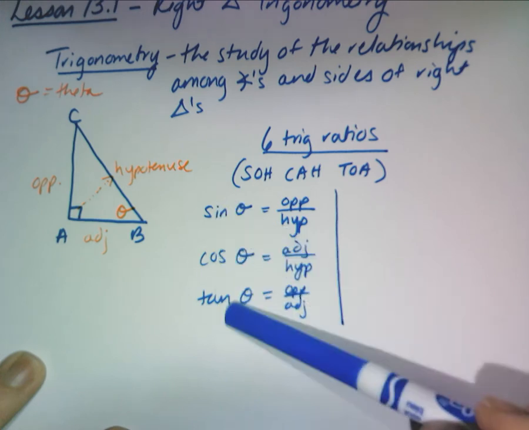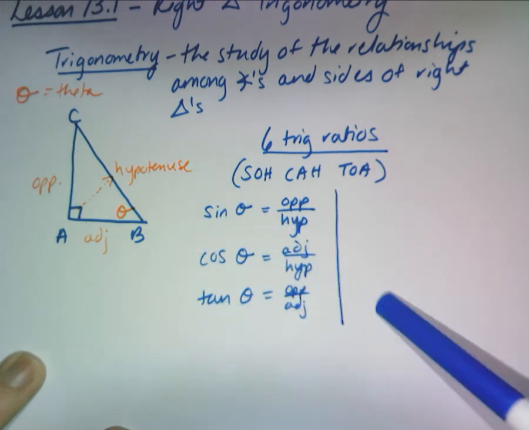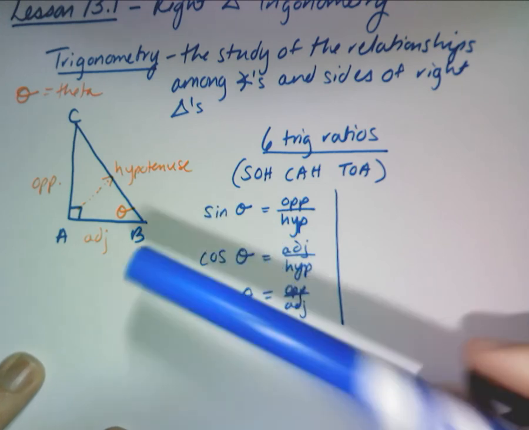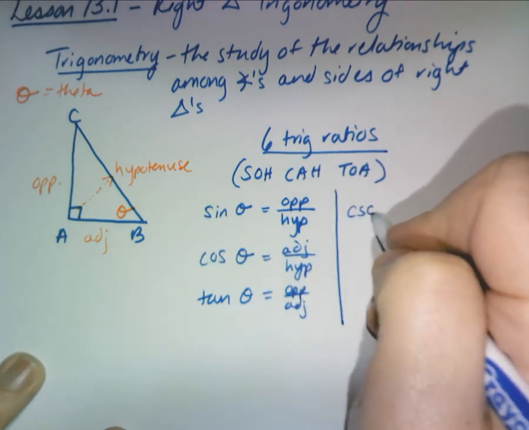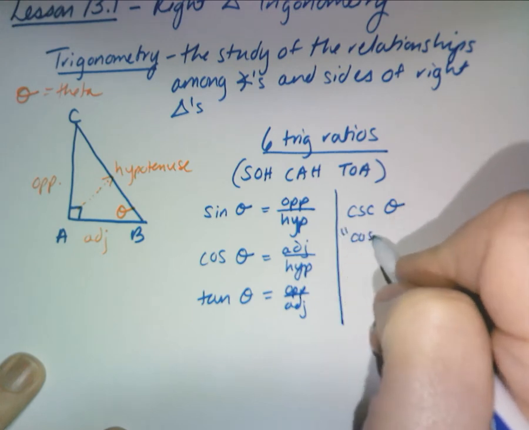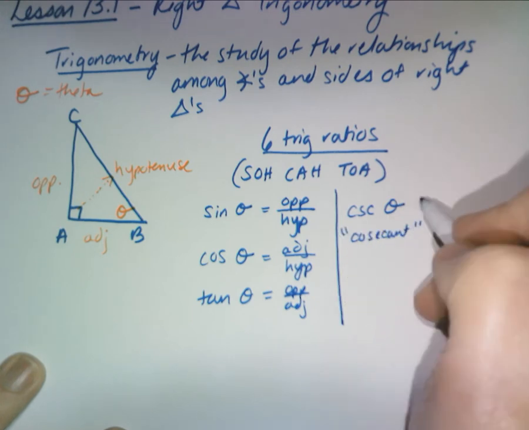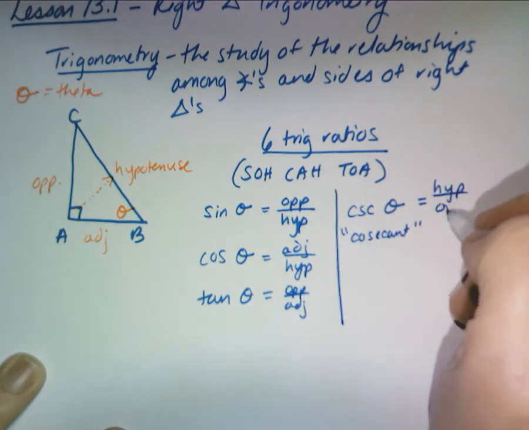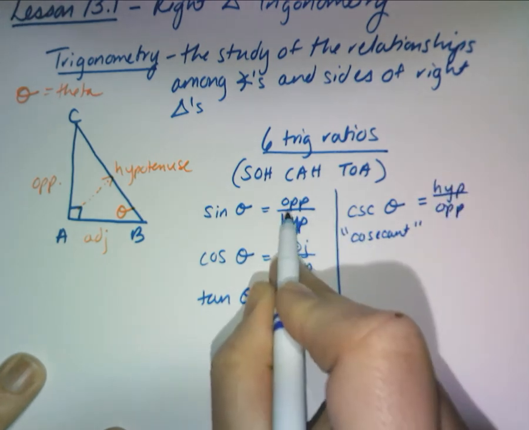So those are the 3 that are famous. You need to know these 3. What we call the reciprocal of sine is cosecant, abbreviated CSC, we say cosecant. And cosecant is your hypotenuse over your opposite. It is literally the reciprocal to sine.